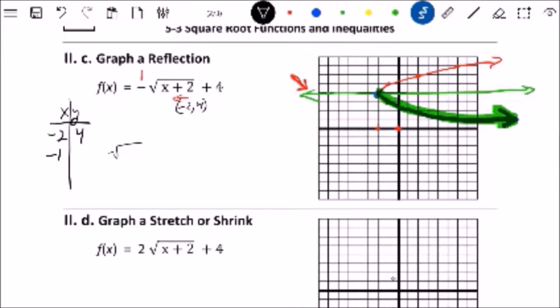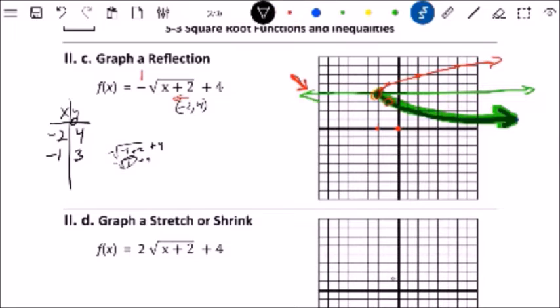So it'll be -1 plus 2 plus 4. So it's negative square root of +1 plus 4. Well, this is a +1, and that makes it a -1. 4 take away 1 is 3. And that, you see, is how I have this point. We're going to have to use that point, and then I have that point.